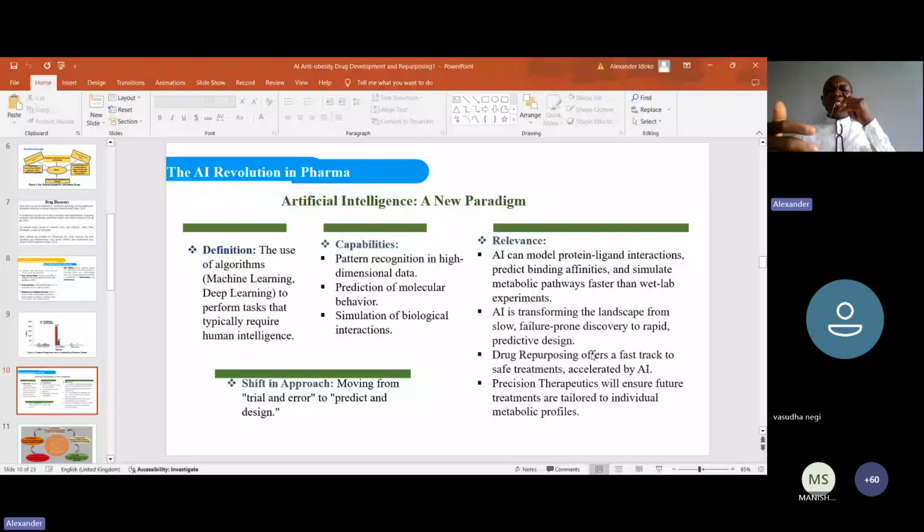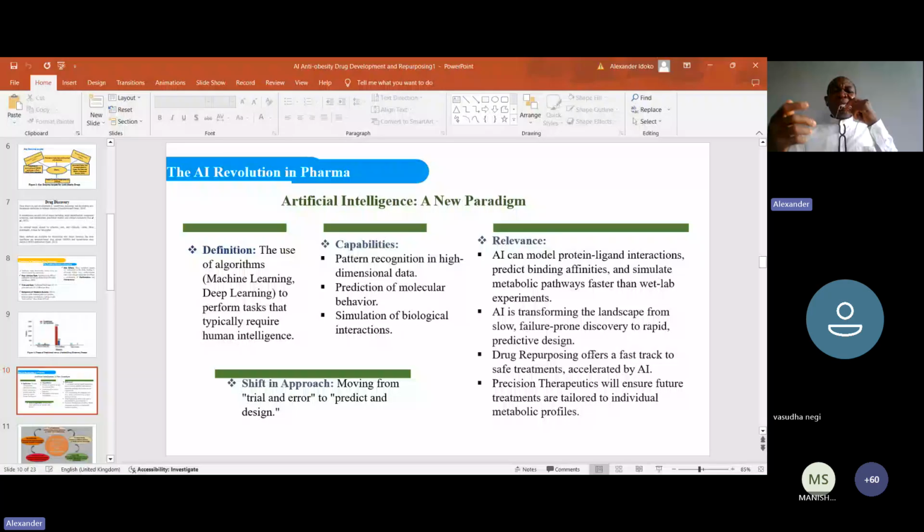It can also simulate biological interactions where you have cells interacting together, and that gives a good understanding of how the disease can be tackled. Besides, it is used to model protein and ligand interactions and then predict the binding affinities and simulate metabolic pathways. And this makes it faster than the wet experiment or what we call the traditional method.